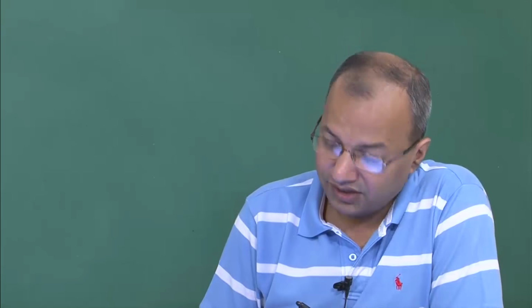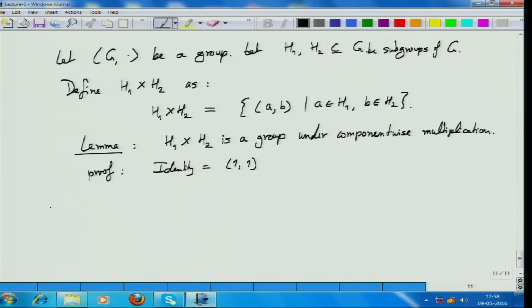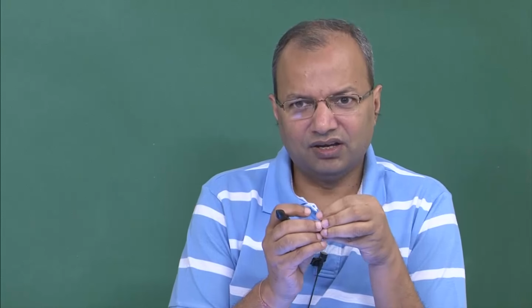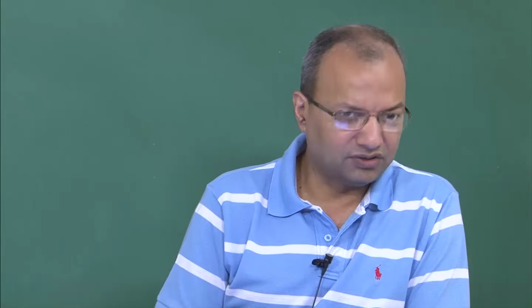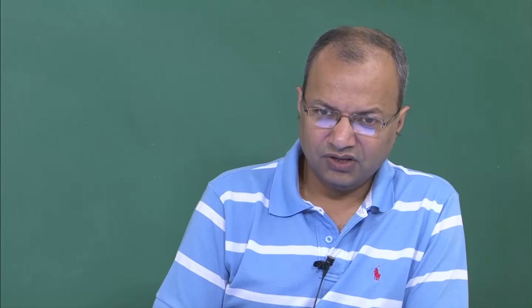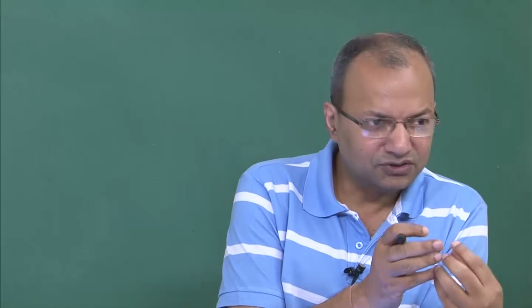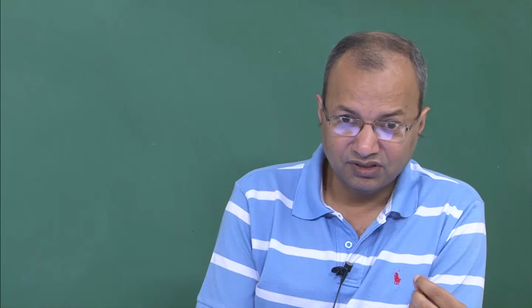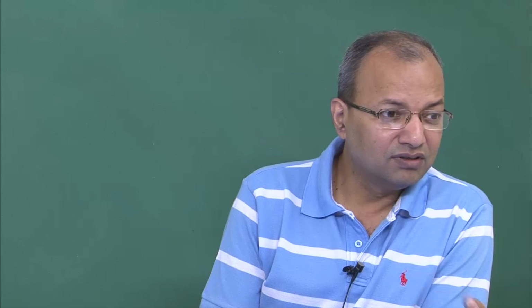What is interesting is the following, that is, if G can be written as H1 cross H2. By that what I mean is every element of G can be uniquely identified with an element of H1 cross H2, such that when we do the operation on elements of G, that is exactly the same operation that we do on H1 cross H2.